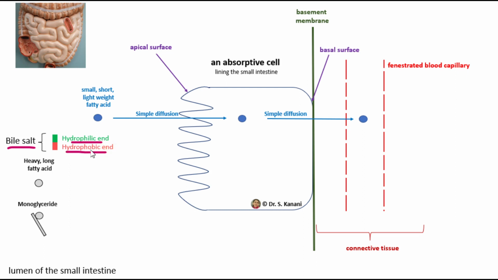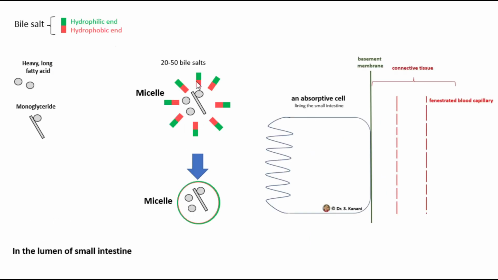The hydrophobic end of the bile salts can easily interact with these heavy long chains of fatty acids and monoglyceride. Exactly what bile salts do in the lumen of the small intestine is, through their hydrophobic end, they interact with these lipid molecules, and basically the bile salts form a coat around the monoglycerides and long chains of fatty acids.